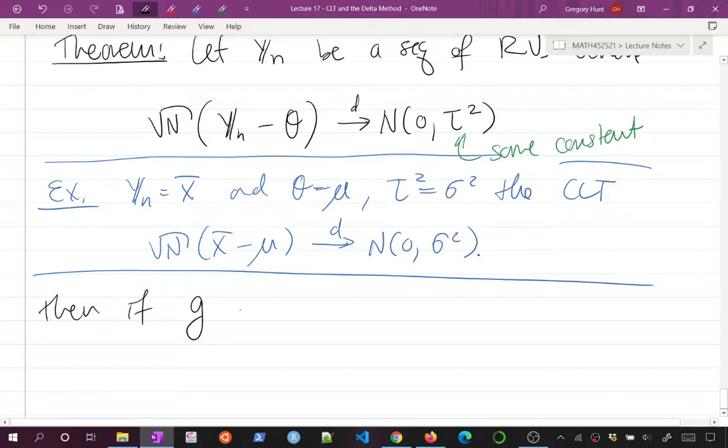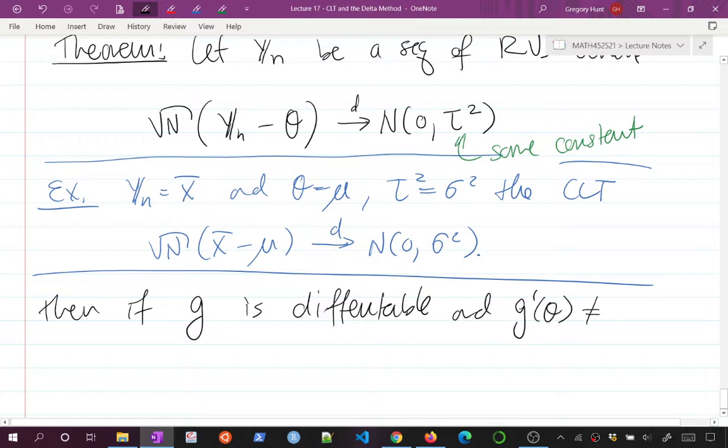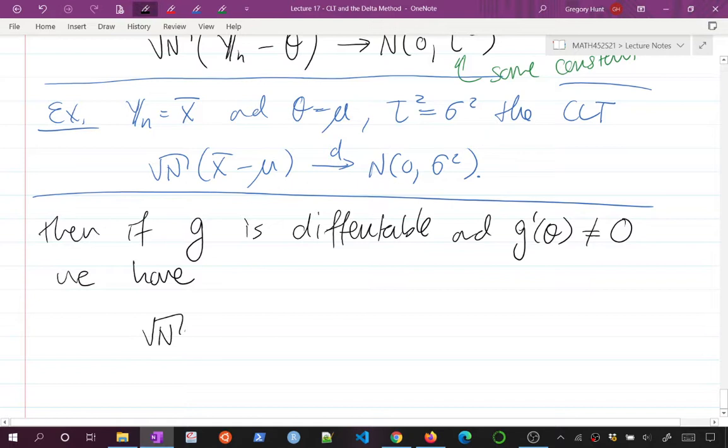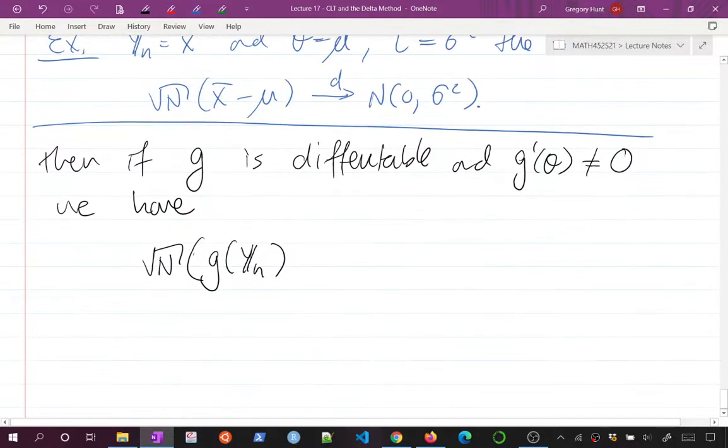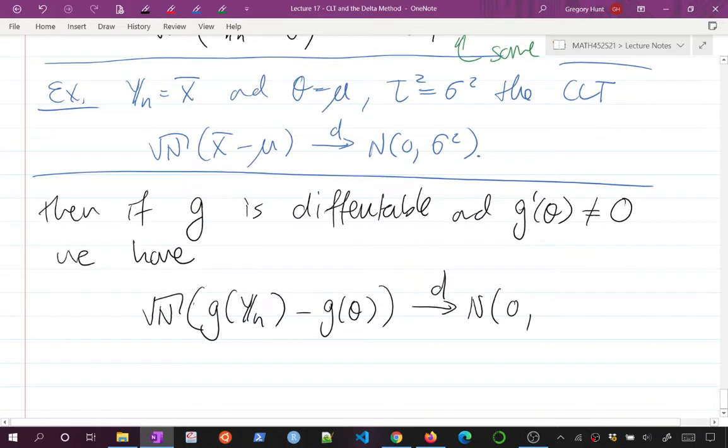But we have something that behaves like a central limit theorem. Then if g is differentiable and g prime of theta is non-zero, we have that root n times (g of Yn minus g of theta) converges distributionally to a normal distribution with mean 0, but instead of the variance tau squared we had before, now the variance is g prime of theta, squared, times tau squared.